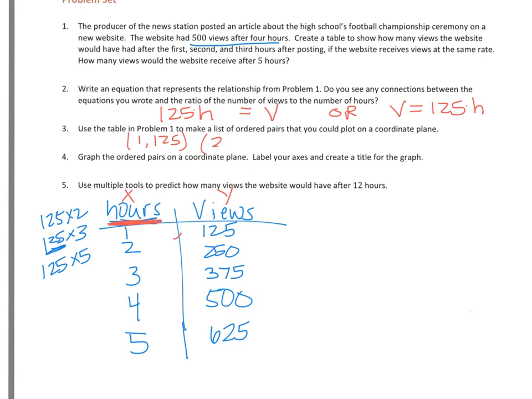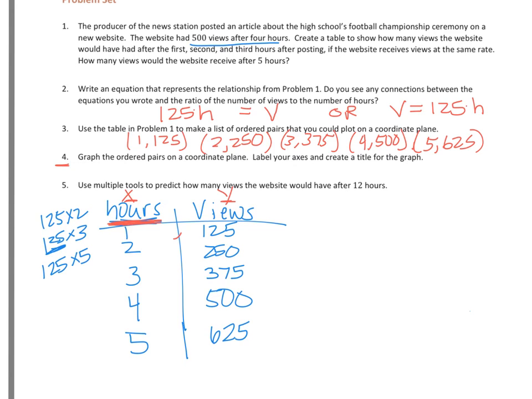My next one is (2, 250), then (3, 375). So you see that my column here is my X coordinate, and my column on the right is my Y coordinate. So I have (4, 500), and then I have (5, 625).